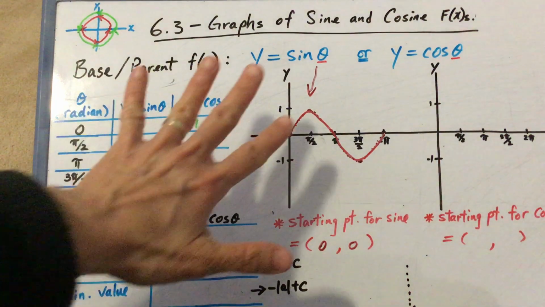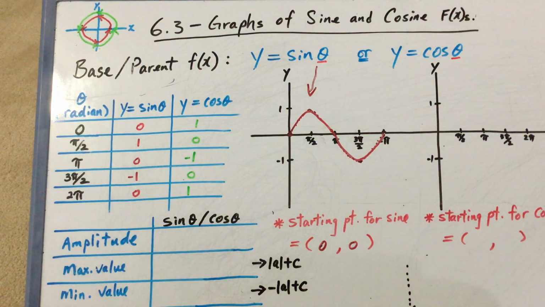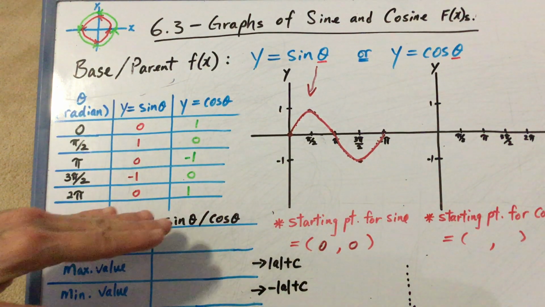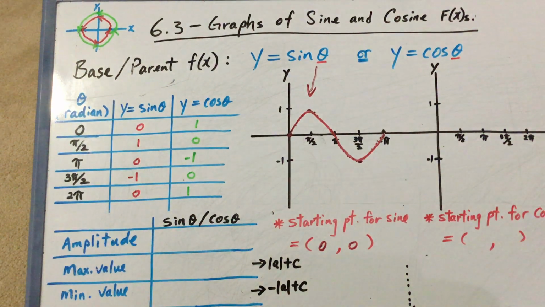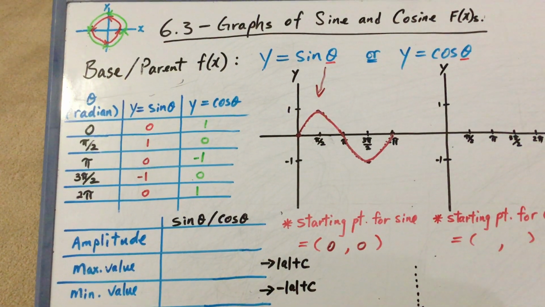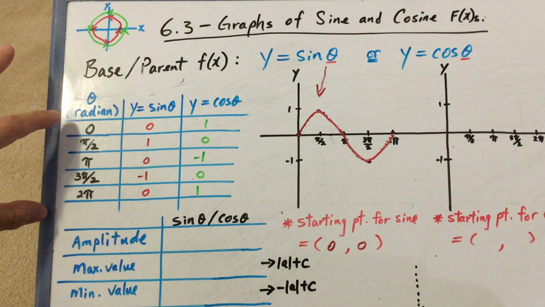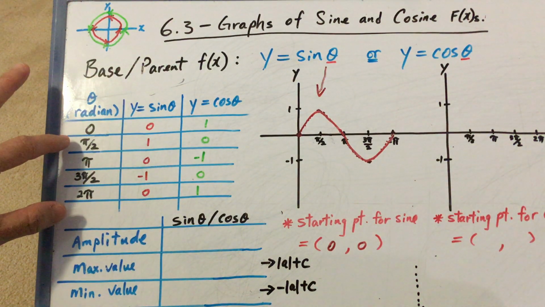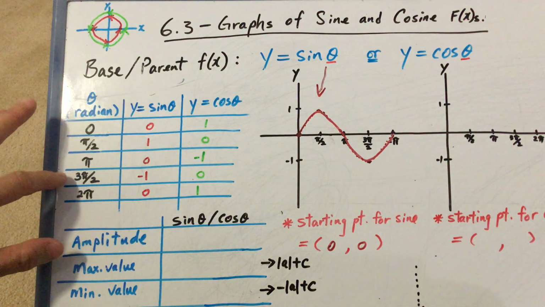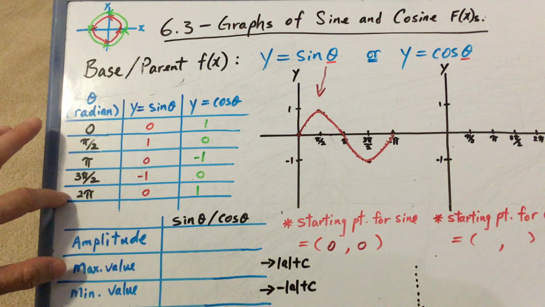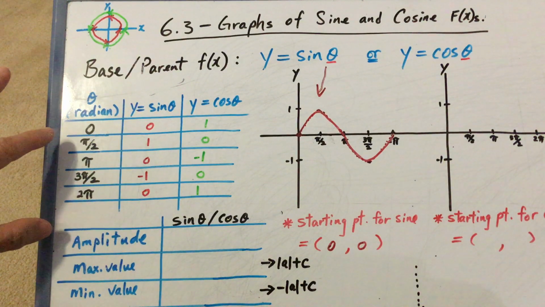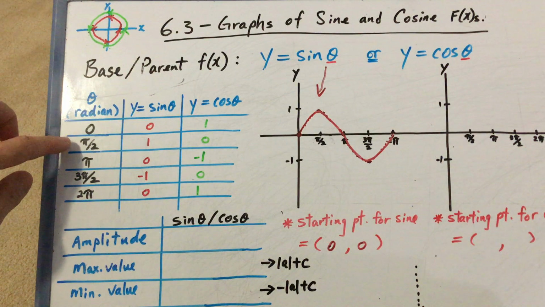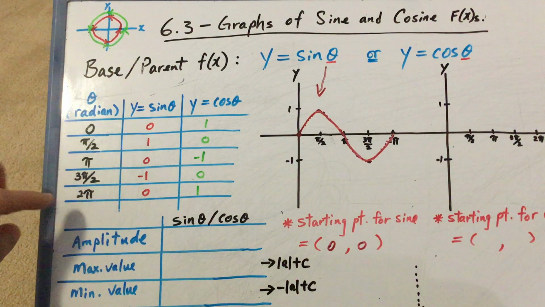I'm going to explain a little bit later what the other name for that is. But basically, right now I'm showing you the parent function of the sine based on those key points. Starting from 0, you have the key points of 90, 180, 270, and 360. Of course, in your mind, you know the radian equivalents are pi over 2, pi, 3 pi over 2, and 2 pi.